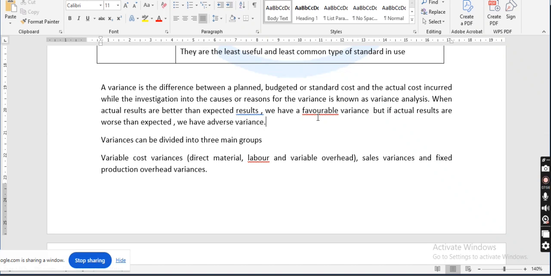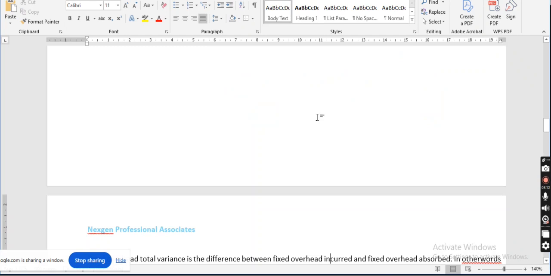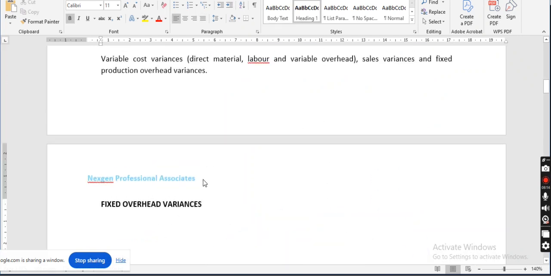Under the variance, there is material variance, there is labor variance, there is variable overhead variance. Now, the material variance is divided into, let's say, three.